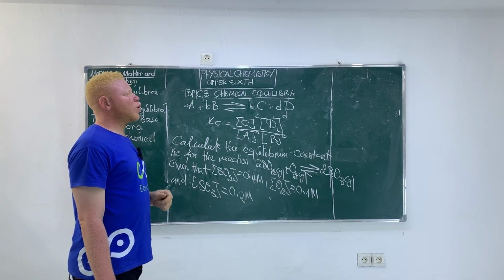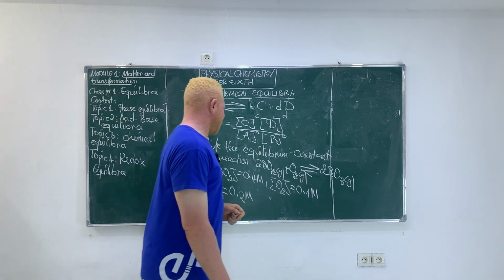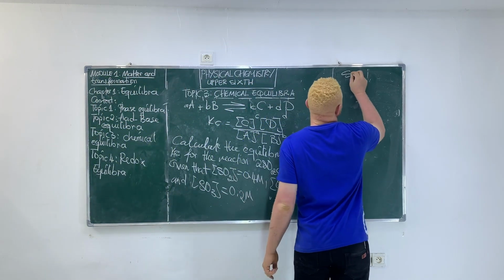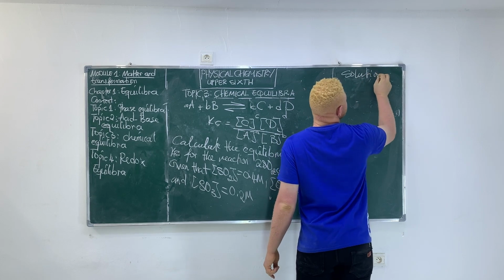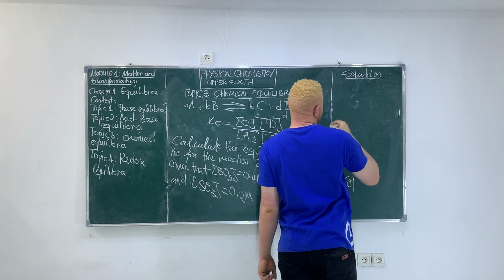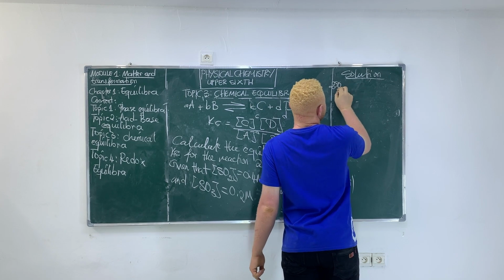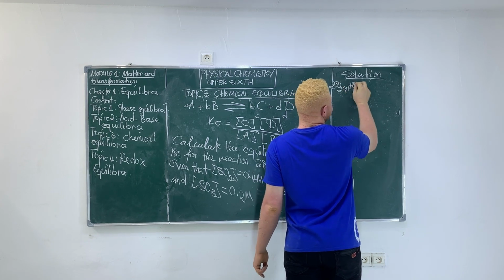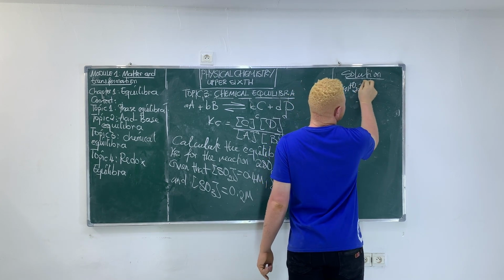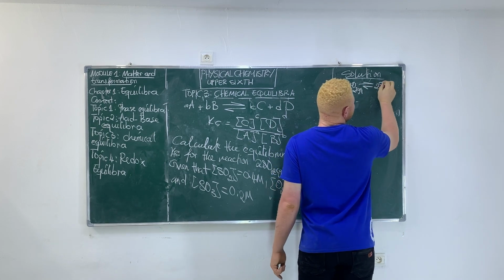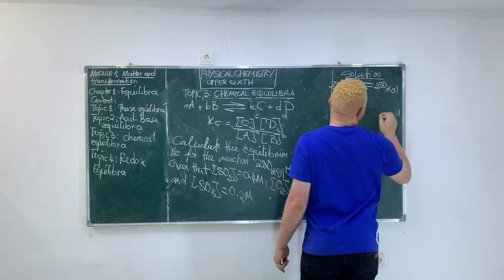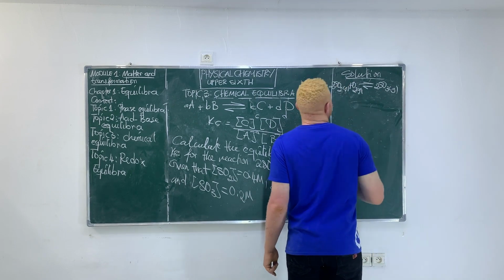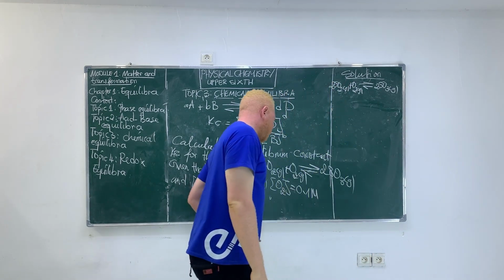In this case, for the solution of this exercise, we'll write back the equation. The equation is 2SO2 gas plus O2 gas, reversible reaction, giving 2SO3 gas. Now we'll apply the formula for Kc.